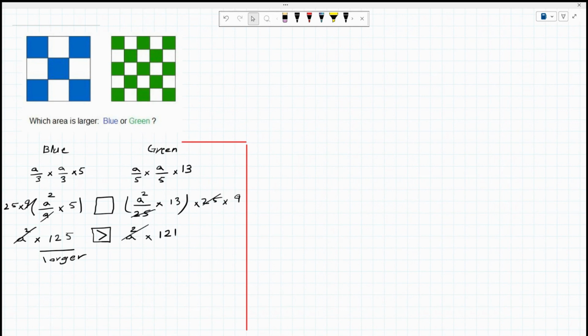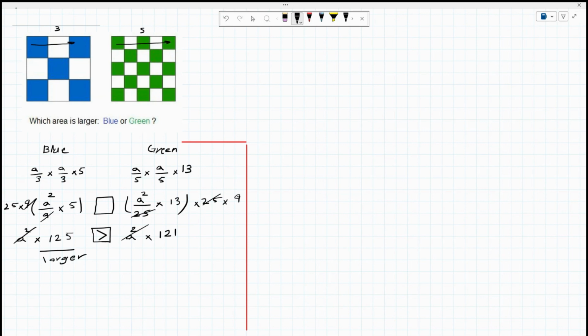Now we're gonna find what is the general rule in similar questions. For example, here on the left side, this square is divided into three other squares in one direction, and on the right side, this square is divided into five other squares in one line.